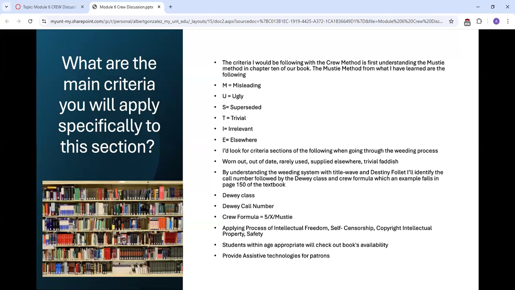Also, when I'm going through the criteria, I want to apply intellectual freedom, self-censorship, copyright, intellectual property, and safety for our patrons, making sure that we don't get into any risk of anything negative happening. Those are things I would look into in the CREW method as well. With students, we'll check age appropriateness and book availability.